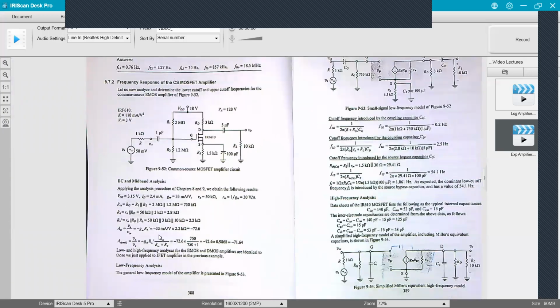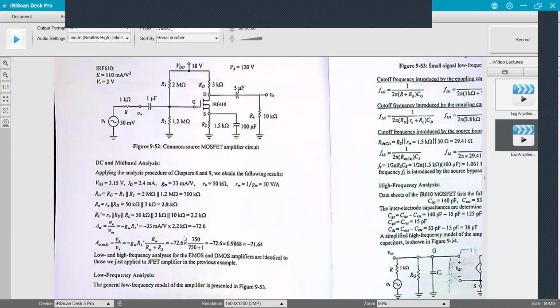And let me mention this. I'll send you this. This is not included in the material I sent you before. So we have RN, we have RO, we have RL prime. And so our gain then is V out over VN, which is GM times RL prime. What's RL prime? RO, RD, and RL.